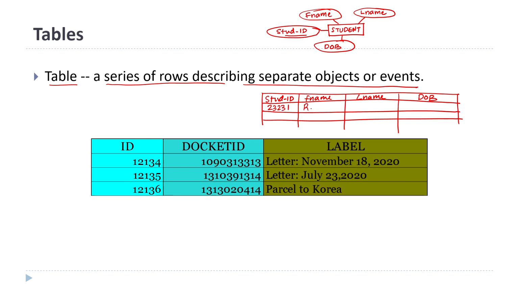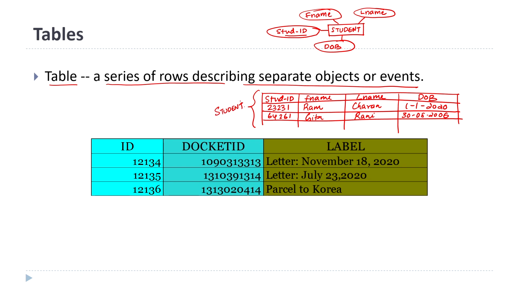So, you can say 23231 Ram Charan 11/20/20, and 64261 Geeta Rani 38/20/2006, etc. So, this entire table is a representation of student.